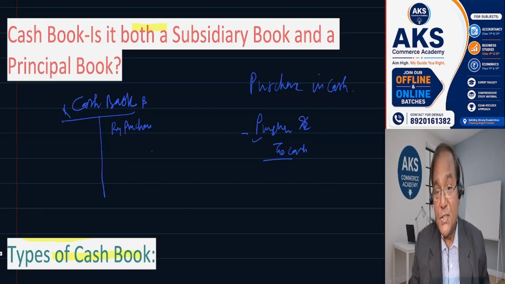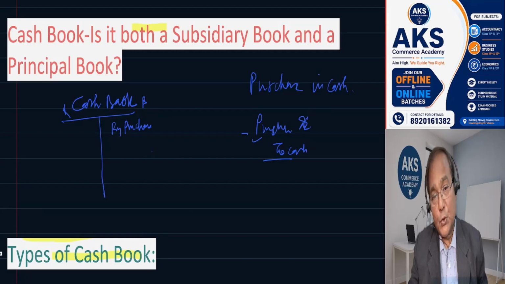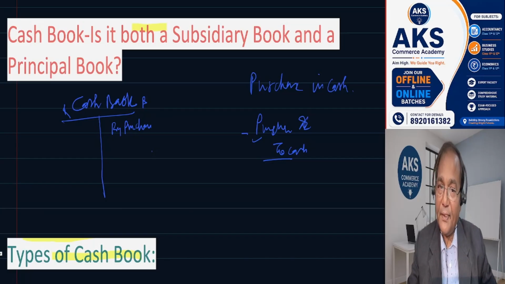If a cash purchase happens, it will go to the cash book. If there are credit purchases, they go to the purchase book. I hope it is making sense to you all. So a direct entry is made. There is no journal required for this purchases debit to cash. It is directly entered in the cash book, by purchases.